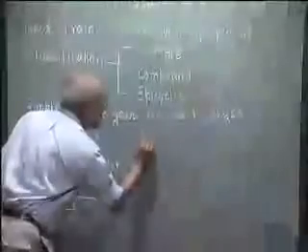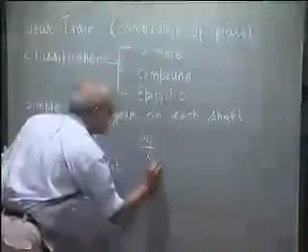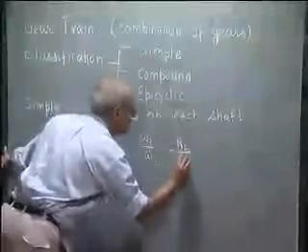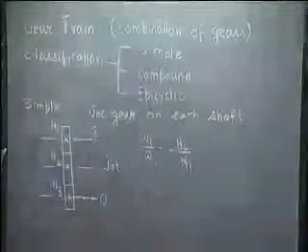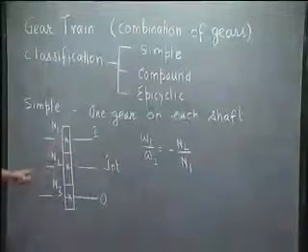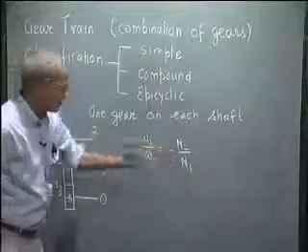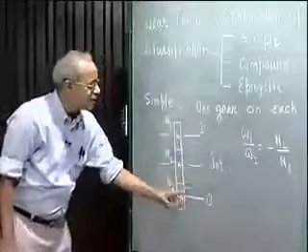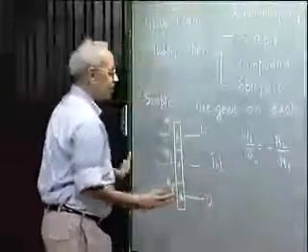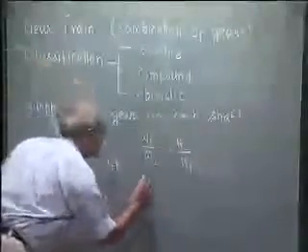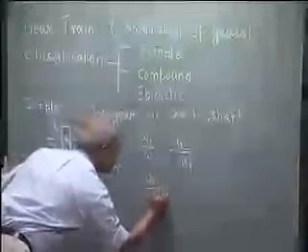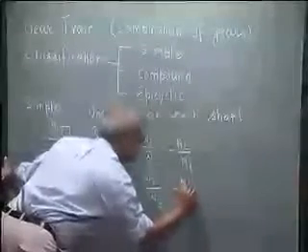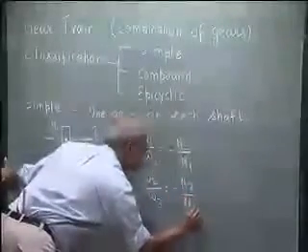So omega 1 by omega 2, as I said, will be minus N2 by N1, because it is external gearing and it is inversely proportional to the number of teeth. Similarly, angular speed of the intermediate shaft to the output shaft, which is omega 2 by omega 3, that will be minus N3 by N2.